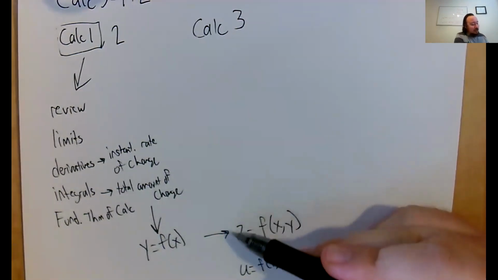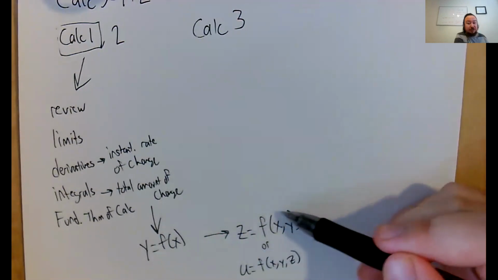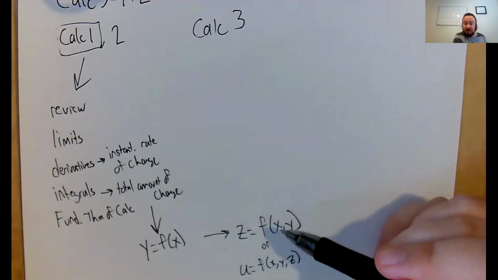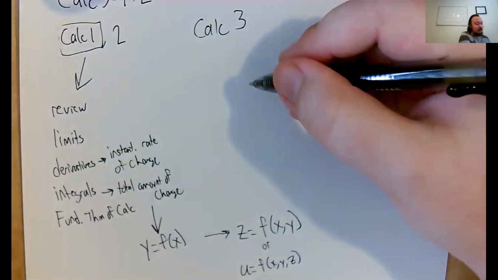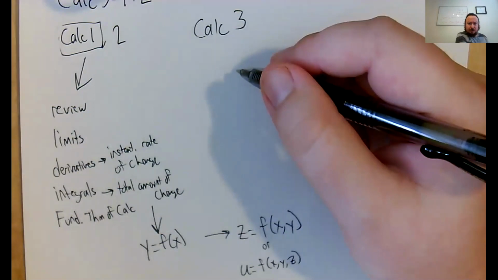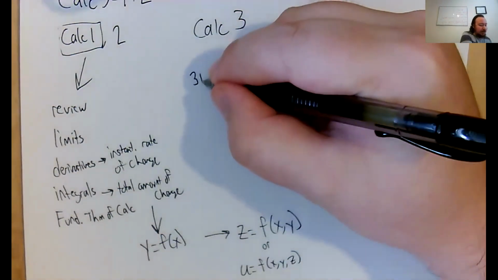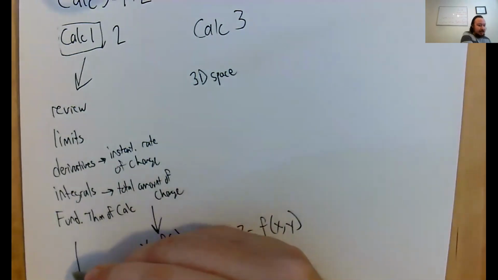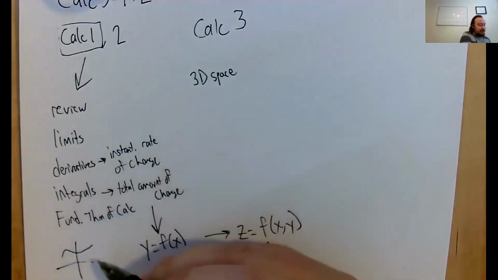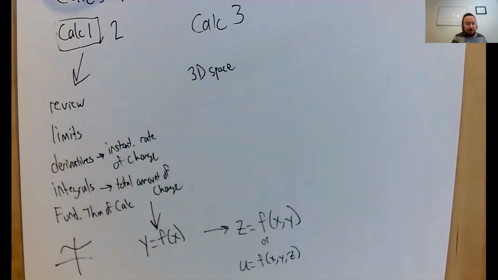Anyways, so we're going to turn our attention to the study of change of functions that look like this right here. In the same way that we did a review before, we're not going to quite do a review in the beginning, but we're going to get acquainted with three-dimensional space. Kind of like how with functions of x, we put these curves in two-dimensional space.